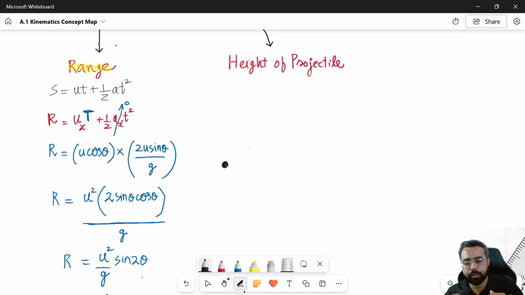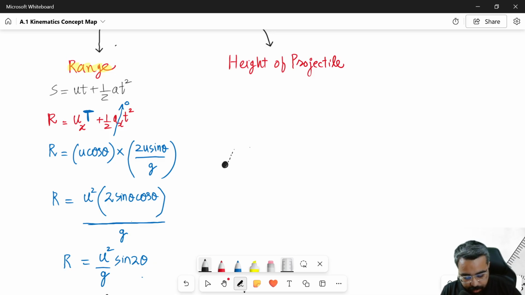So if you are throwing with more and more initial velocity, that will give more and more vertical component of velocity. I'm talking about U sine theta. If U sine theta is greater, the ball will be able to go to a greater height.